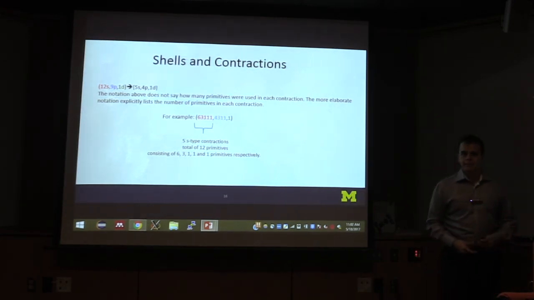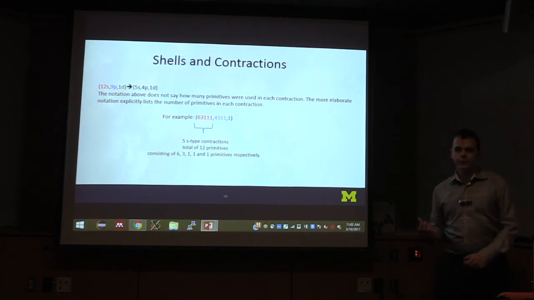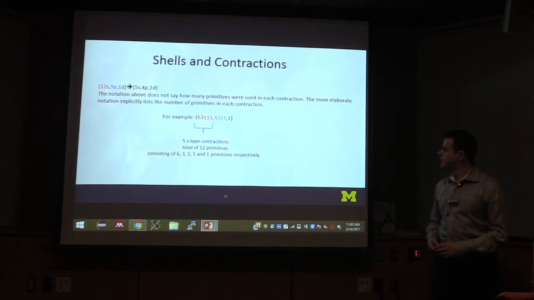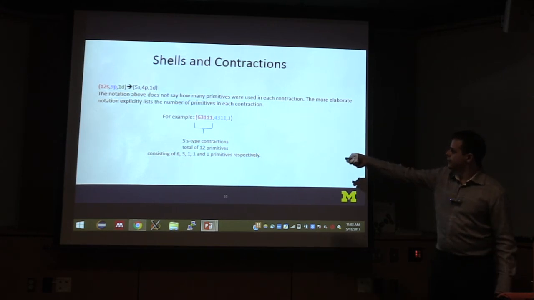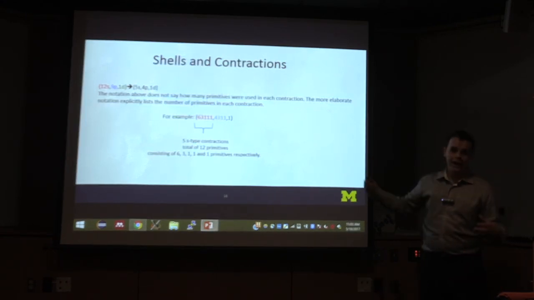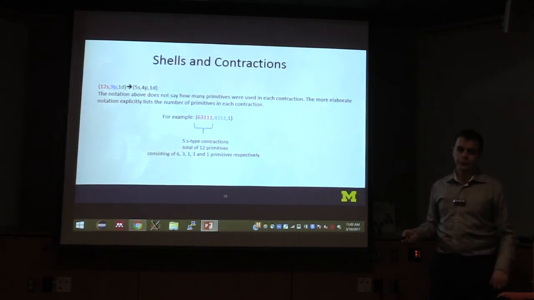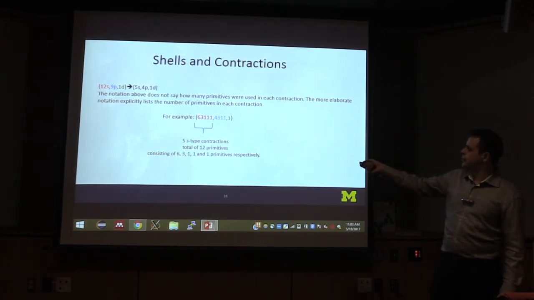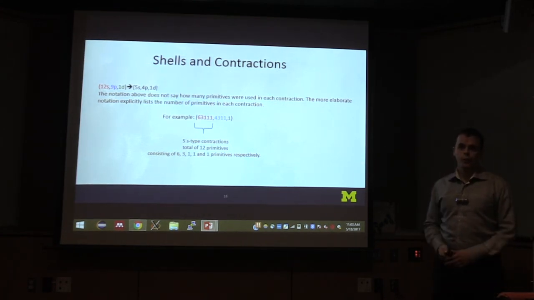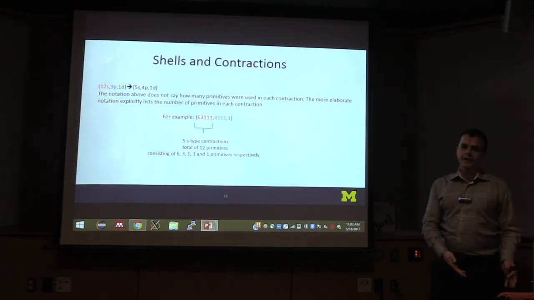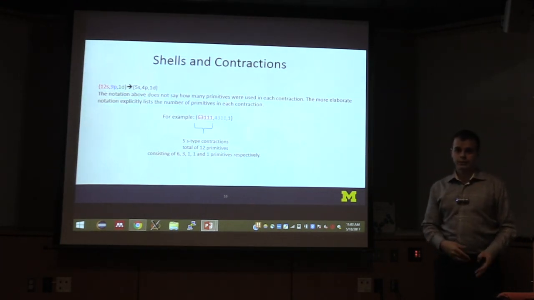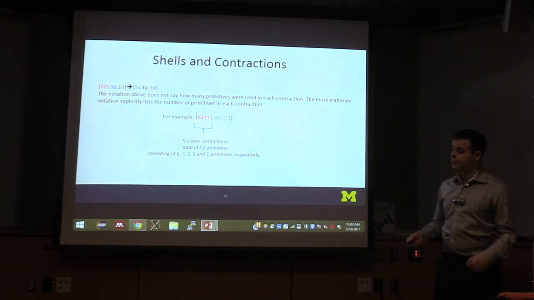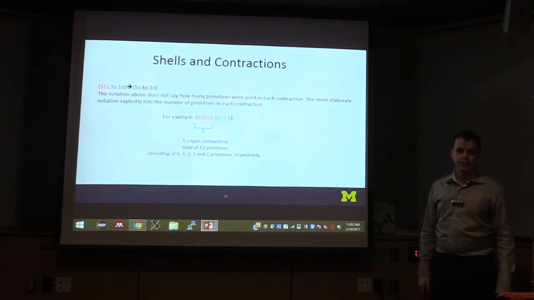That's because the core orbitals are usually 1s, and that core orbital is that one right there. We don't have a p-type core orbital, at least for carbon. So here we're saying that one of the basis functions is for the core orbitals, and it's composed of 6 contractions.